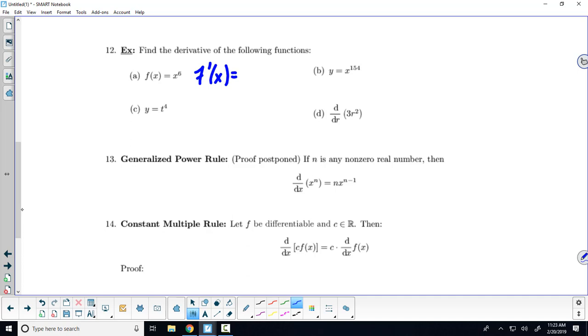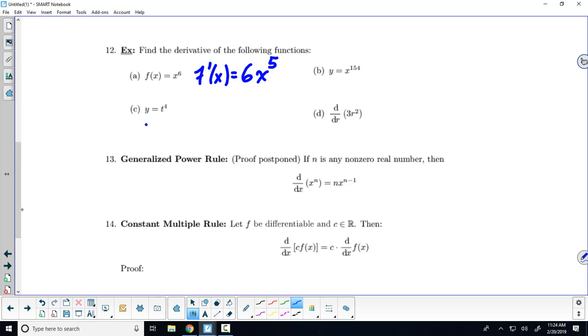Okay, what was the exponent? 6. So there's a 6. Okay, and then take x to the, subtract 1 from the exponent. What do I get? Okay. Unfortunately, 20 years from now, that's all you'll remember about calculus. Unless you're actually doing math in your job.